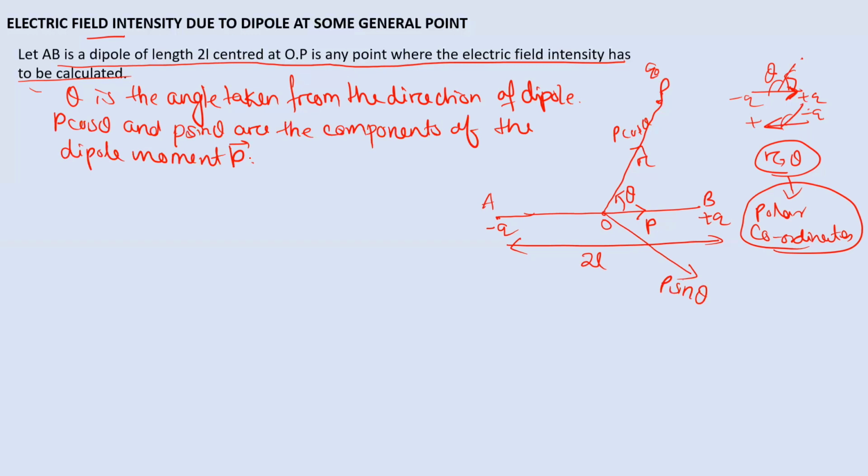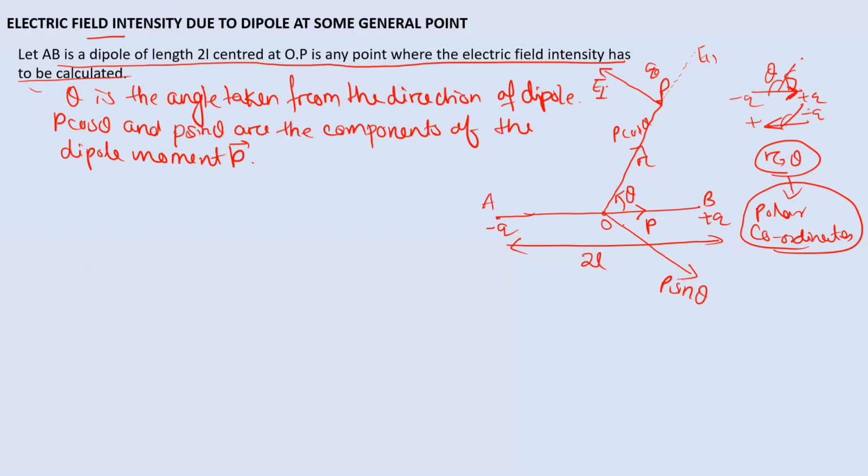All right. Now, if you see here, this P cos theta can have electric field in the axial line, right? Along this, like parallel to it, we can have an electric field which will be E parallel. So P cos theta will be the component for the parallel electric field. Similarly, if we draw a perpendicular in this side, that is the perpendicular component of electric field.